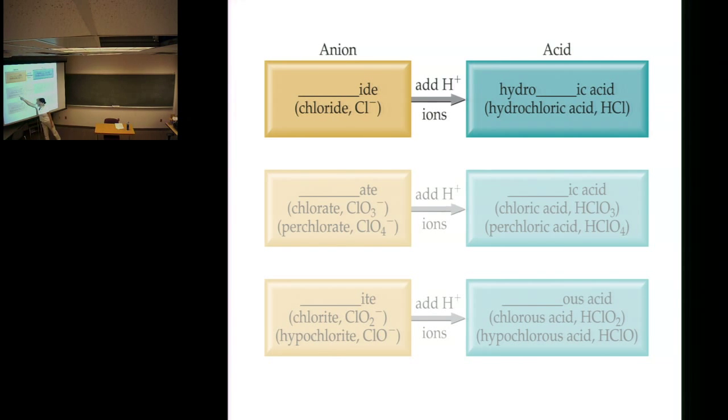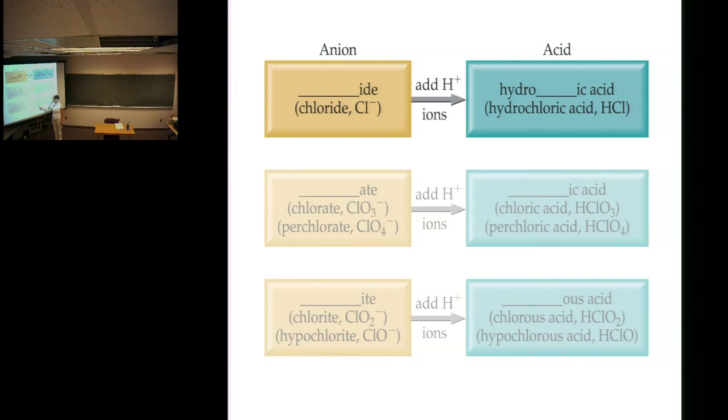Ate goes to ic. Okay. And then ite, chlorite, becomes chlorous. No hydros, just change the ending. Chlorous. Ite goes to us. If this is hypochlorite, then this is hypochlorous. There's not a hydro here. Don't confuse that. That's hypo, not hydro.